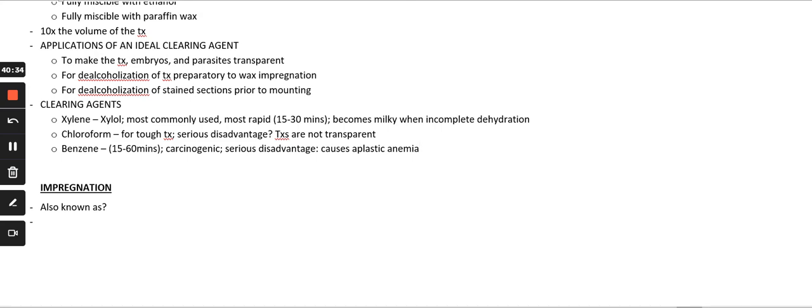Okay. Now, this our cedarwood oil, it also becomes milky. Pero please take note, it becomes milky upon prolonged storage. Okay, upon prolonged storage, and therefore you should filter it before use.